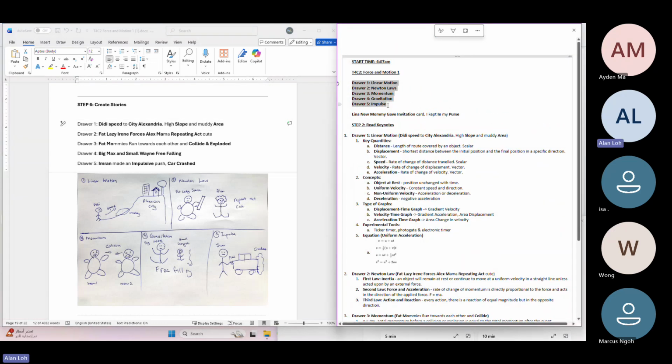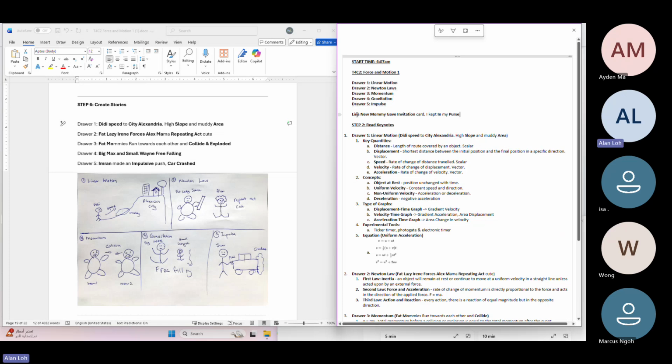Is it easier for you to remember the names of the drawers by just looking at this, remembering this linear motion, Newton, momentum, gravitation, and impulse? Or is it easier to turn it into a story that can help you to remember these 5 drawer names? Right? Obviously, it is number 2.